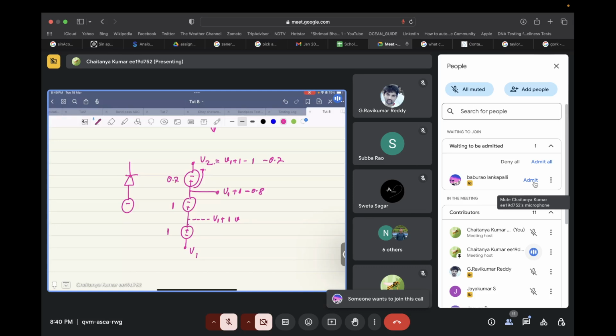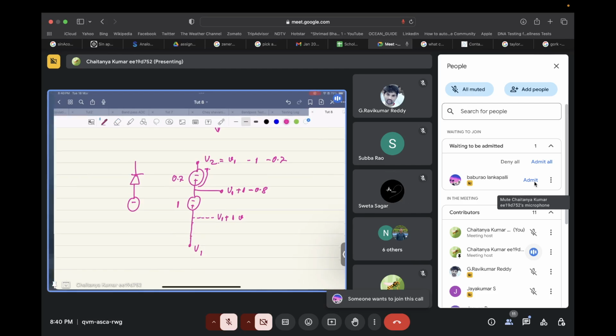Yes. Okay. Now let's say I remove this voltage altogether. So this plus 1 will go away, right? Yes, sir. Okay.